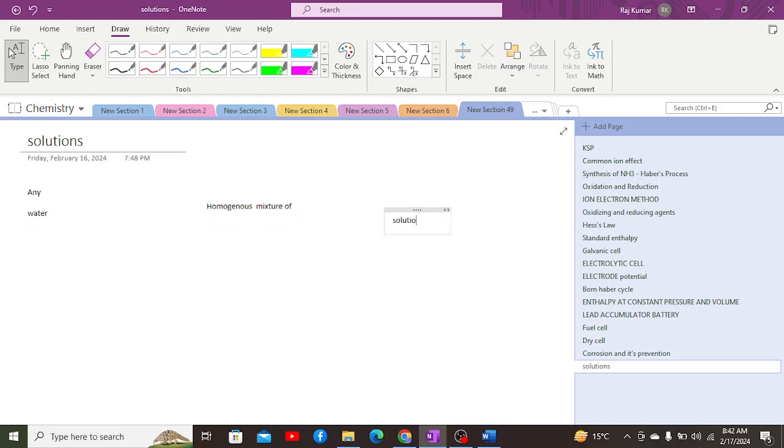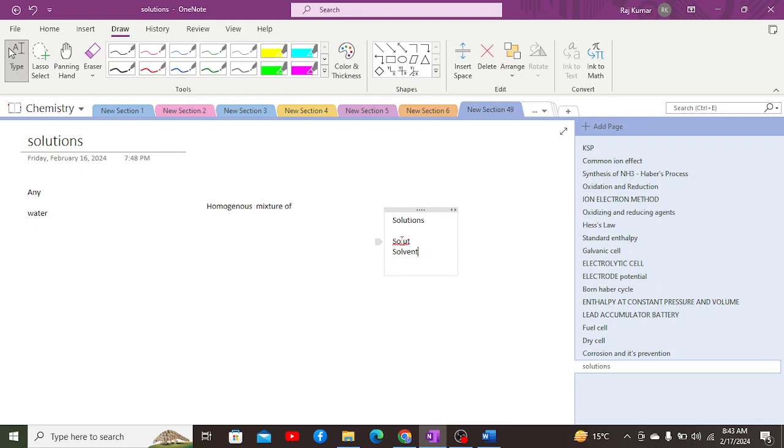What are the characteristics of a solution? A solution is considered to be made up of two parts, solute and solvent. The solute is the part which is to be dissolved, and the solvent is the dissolving substance. Solute is smaller in amount, solvent is larger in amount.